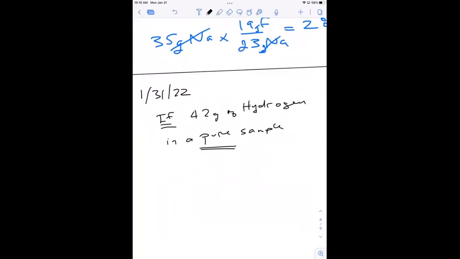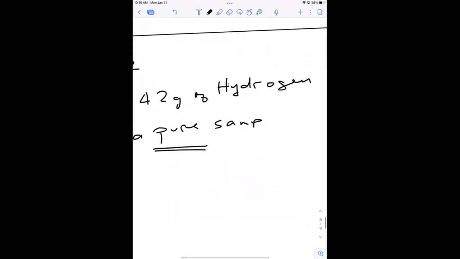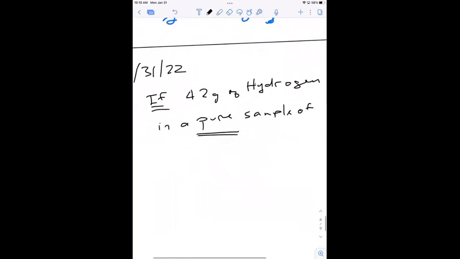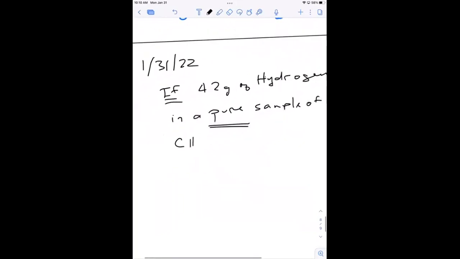All right, so in a pure sample of CH4, the question now is how many grams of carbon are present?